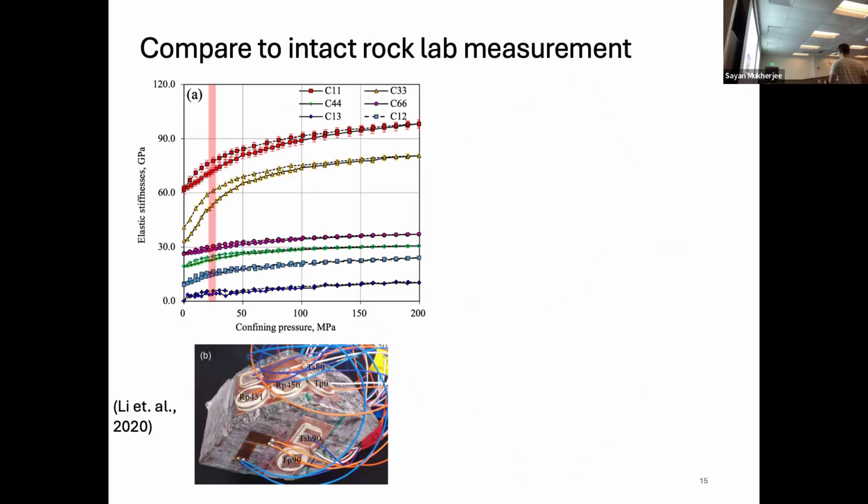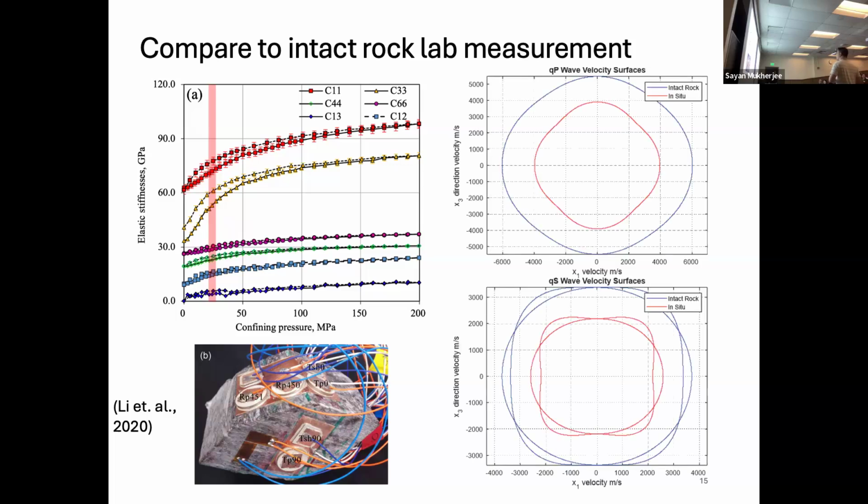We can also compare the result from the inversion to the lab measurement that was conducted on an intact rock. This is from our previous colleague Wei Li. You see the transducers are put on different sides of this rock sample, and he kept increasing the confining pressure and measured the elastic stiffness at different confining pressures.